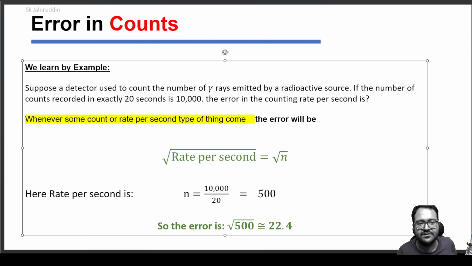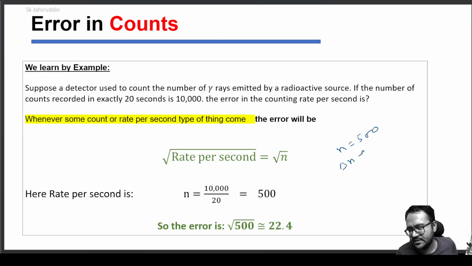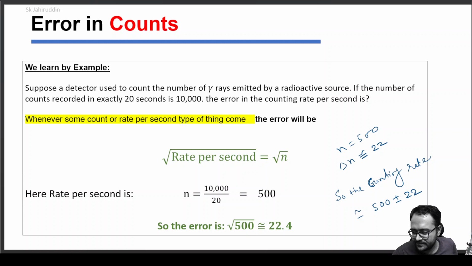So I write n is 500, delta n approximately 22. So the counting rate is approximately 500 plus or minus 22.